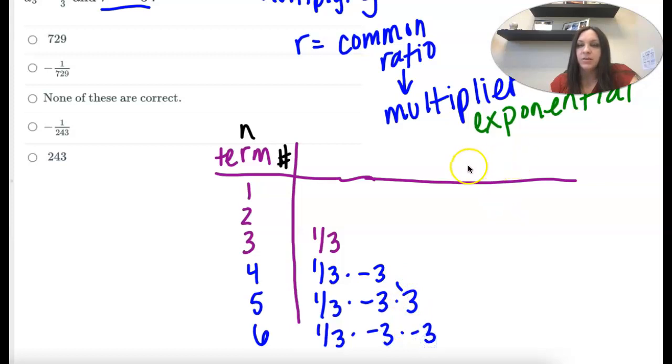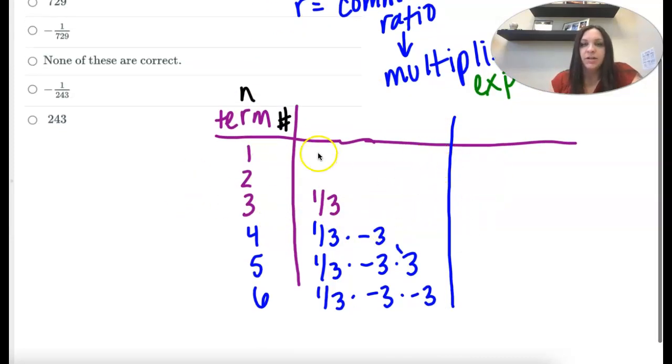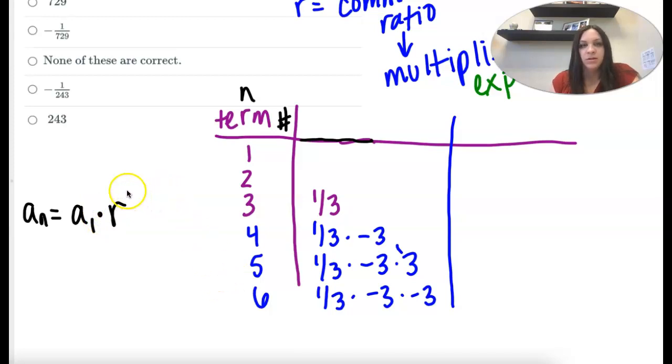For this sequence it's kind of different because we're starting at term 3. But if I were to start with the first term, my equation would be the first term, A1, times the ratio to the n-1. So for this one, let's go backwards and get our first term. See how we're timesing by -3?